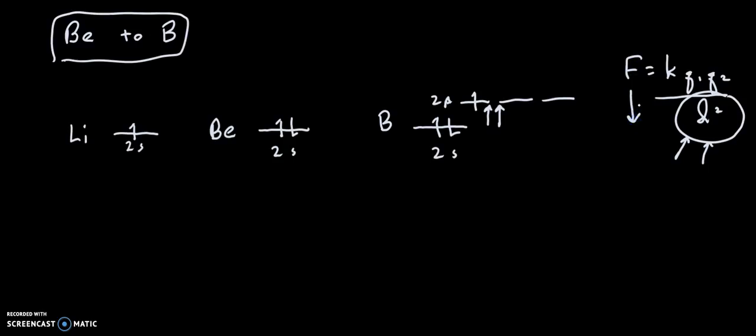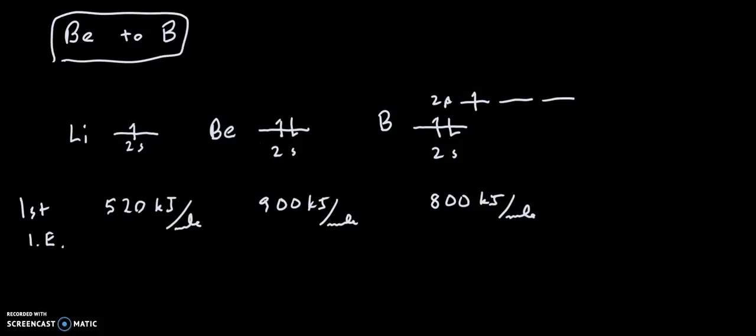And with that diminishment in the force of attraction, the ionization energy required to move this single electron from the 2p sublevel is a little bit less than what we'd see for the 2s electrons, where the sublevel is closer to the nucleus and experiences a greater force of attraction between the nucleus and outermost electrons.